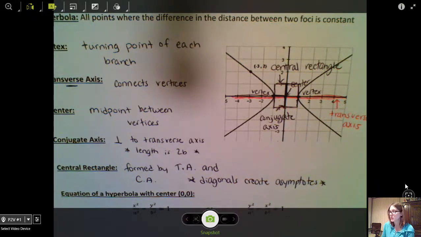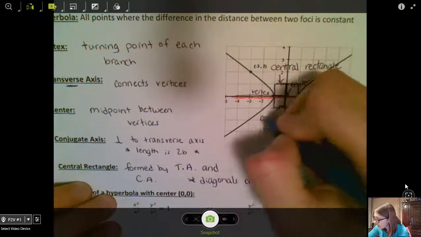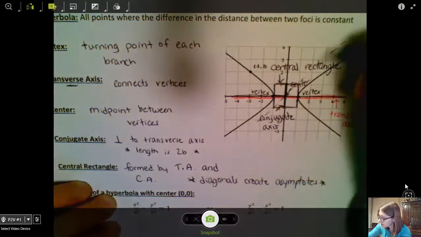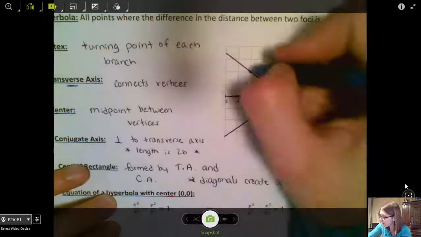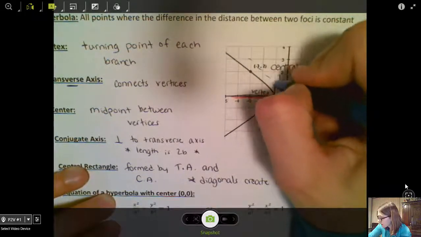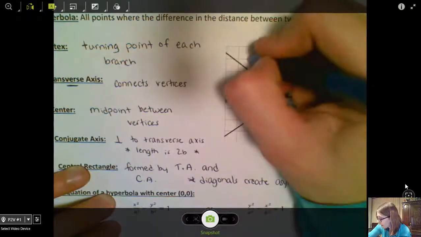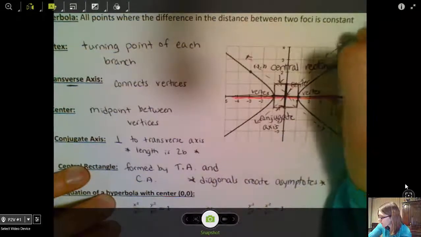Hyperbolas have asymptotes, and it is those diagonals, which I should really draw with a straight edge, that create the asymptotes.